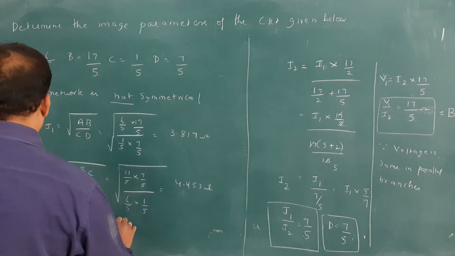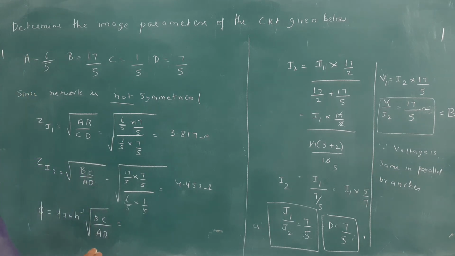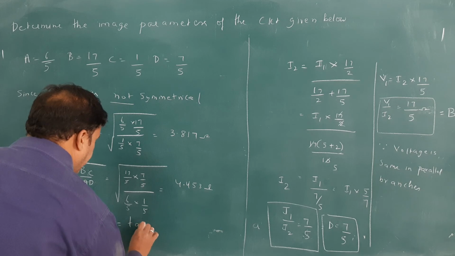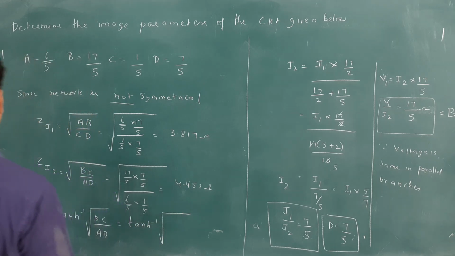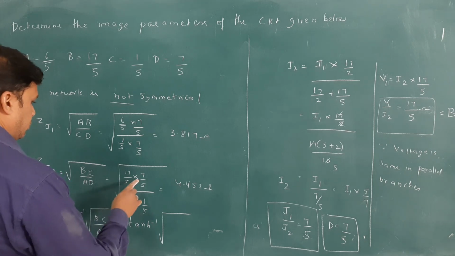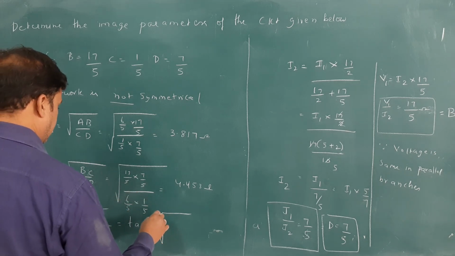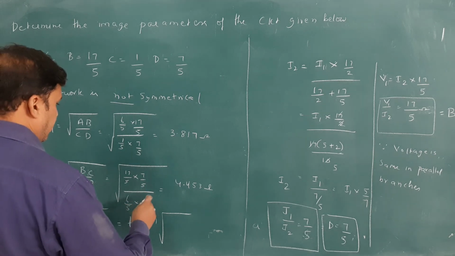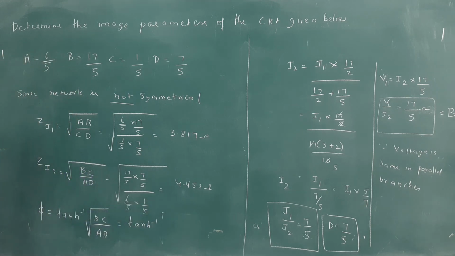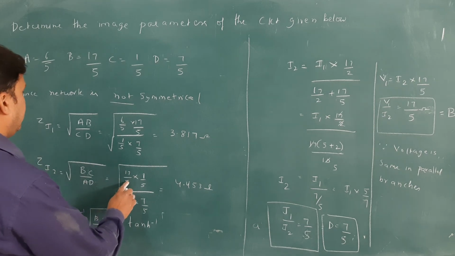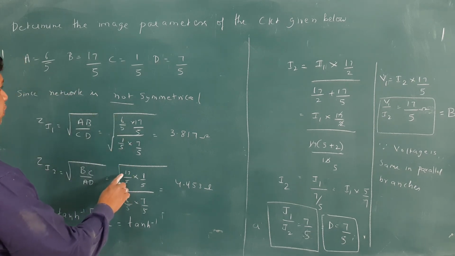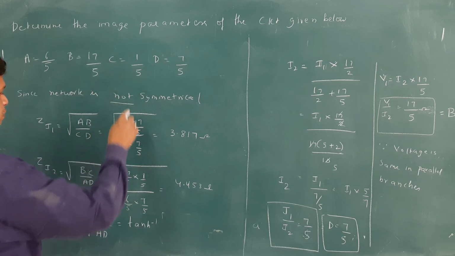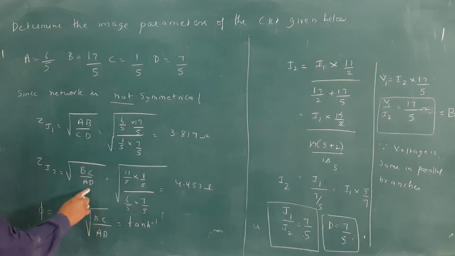That is equal to tanh inverse of B into C by A into D. So here, B is 17 by 5, C is 1 by 5, A is 6 by 5 and D is 7 by 5.